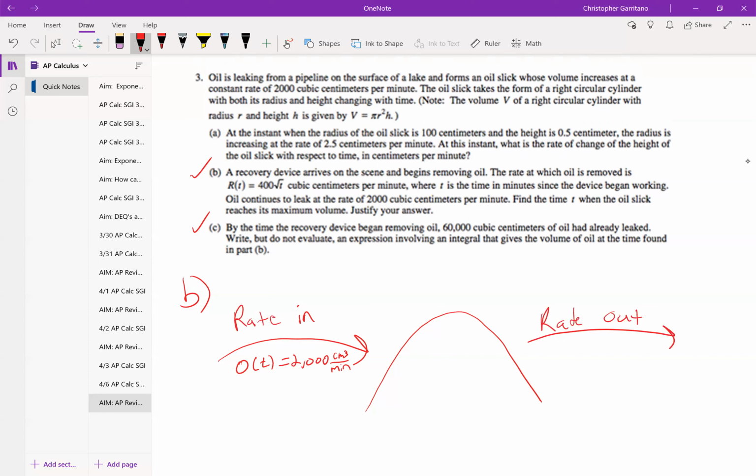But then at the same time, a recovery device arrives in part B, and oil is being removed now from this pile. That's the rate out, and they tell us that this is R of T, and R of T is equal to 400 radical T centimeters cubed per min.